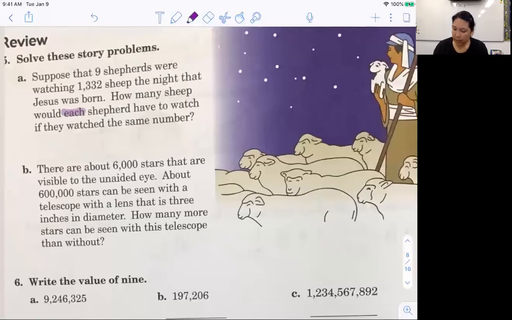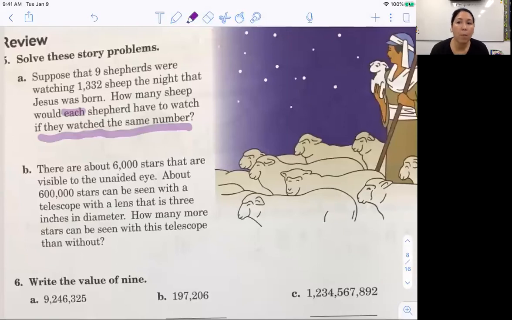And I also see if they watch the same number, which means that they're equally dividing them up amongst all the shepherds. So if every shepherd is going to watch the same amount of sheep, is that number going to be less than 1,332 or more? Less, right? They're not going to watch more than there are a total number of sheep, right?